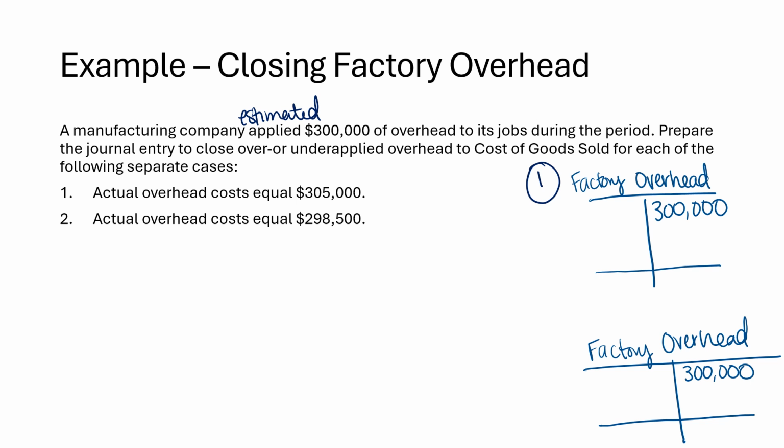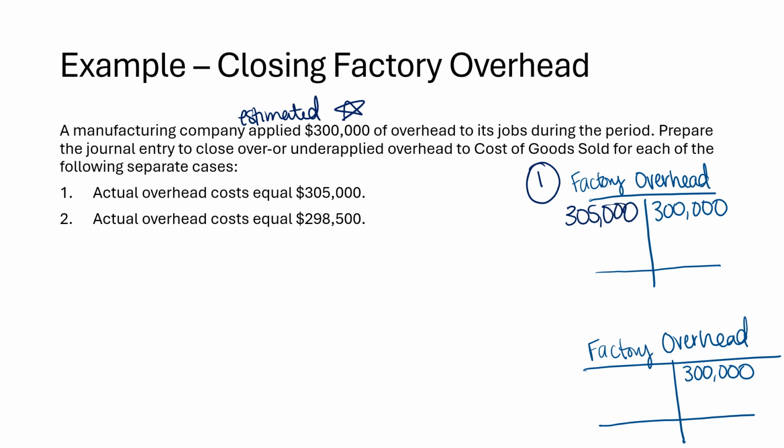The first example would be that $300,000 of overhead were estimated or applied. This information I have already laid out in this T account. So when you apply overhead, that is a credit to overhead. Actual costs will be debits to overhead. So in case 1, actual overhead costs equal $305,000. That would be a debit of $305,000.